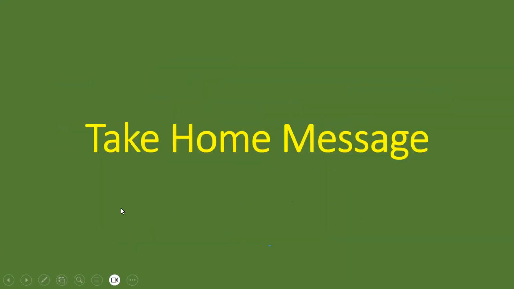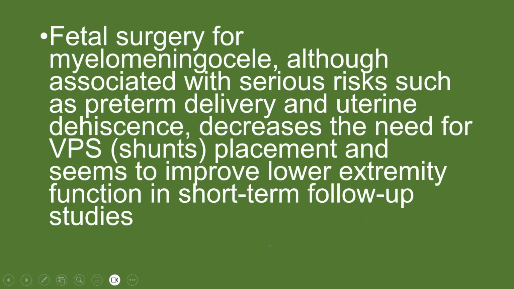The take-home message in this case: fetal surgery for myelomeningocele, although associated with serious risks such as preterm delivery and uterine dehiscence, decreases the need for shunt placement and seems to improve lower extremity function in short-term follow-up studies.